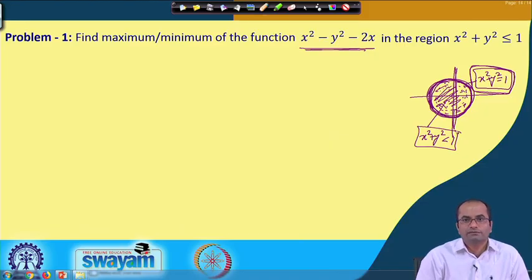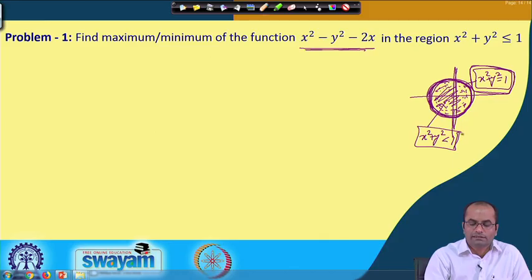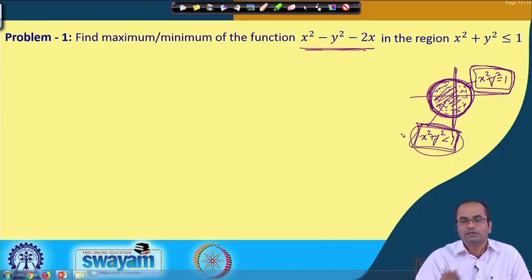and we will apply the idea which was discussed already in the previous lecture: we will find the critical points directly, and then we will see whether some of the critical points fall in this region. If so, we will take them for further evaluation of f at those points. If the critical points are outside the domain, then we can leave them because they are not of our interest.